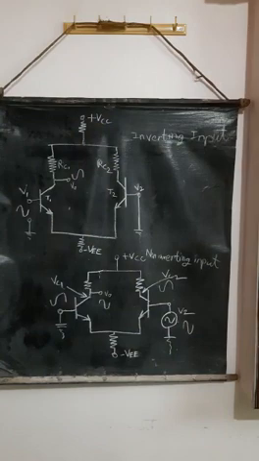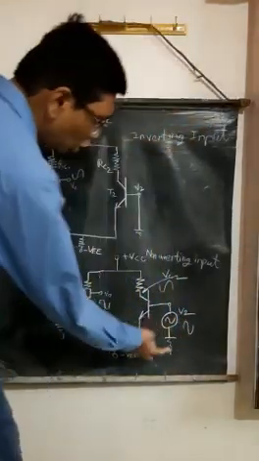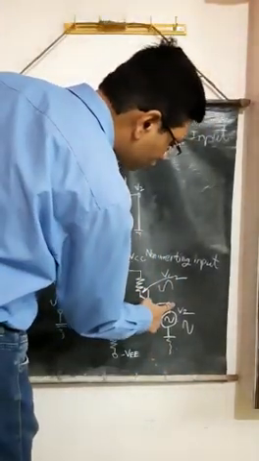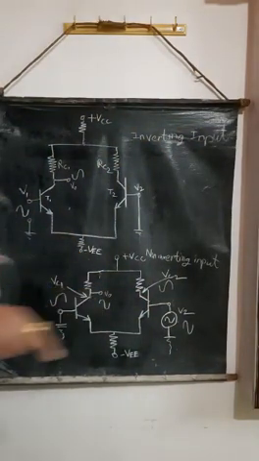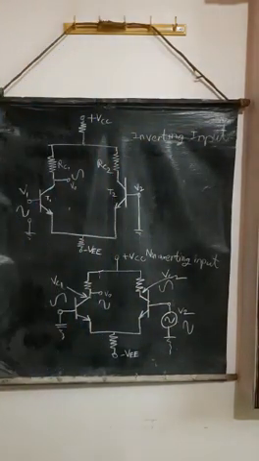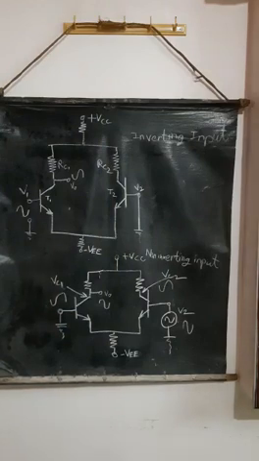Hence base of T2 is called as non-inverting input terminal. So base of T2 is called as non-inverting terminal. This is called non-inverting terminal, and this is called as inverting terminal. Okay, in the operational amplifier, you will study this in 12th standard. What is inverting terminal, what is non-inverting terminal, op amp. Okay.